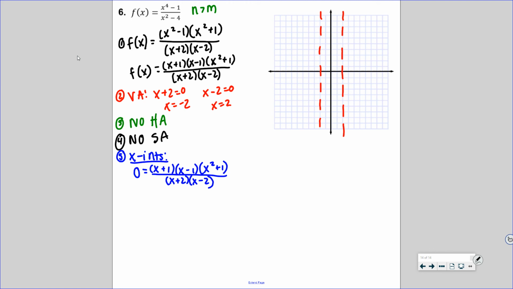Obviously, multiply both sides by x plus 2, x minus 2. We get here -1. That one's 1. This is going to give us imaginary, so we don't need to do anything with that.